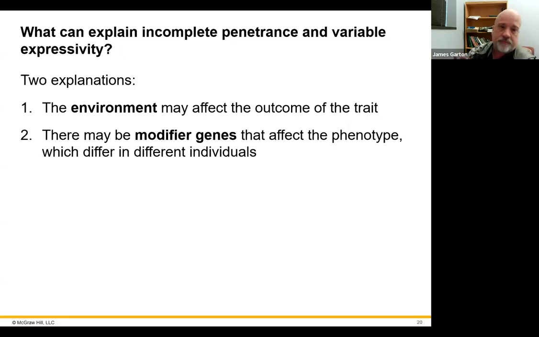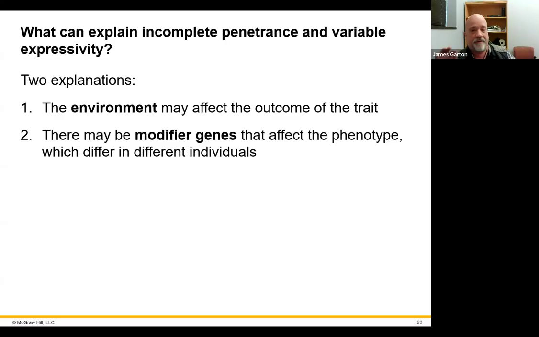And there are 2 possible modifications. The environment plays an effect on your phenotype, and so your phenotype is not 100% determined by your genotype. The environment in which you develop plays a role.